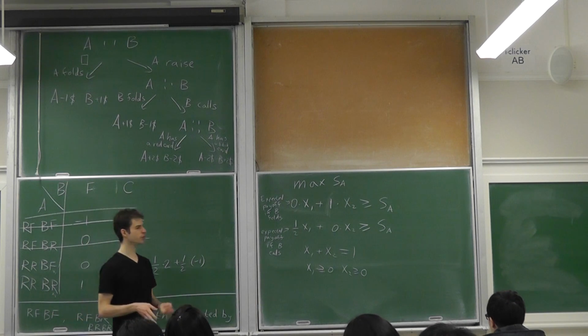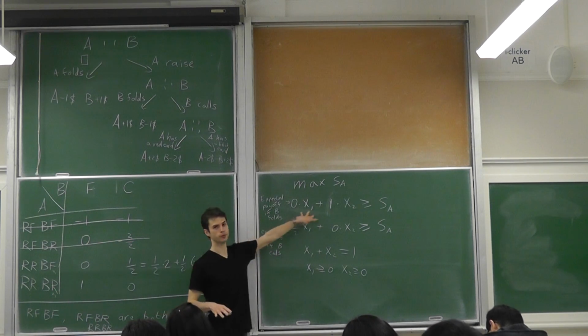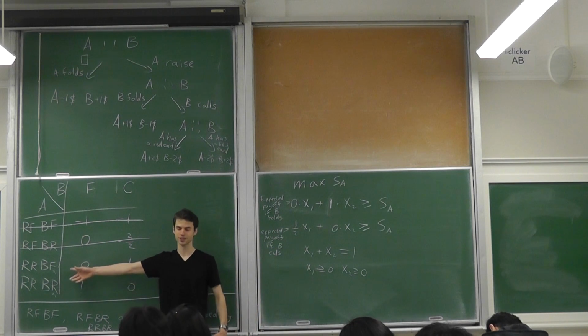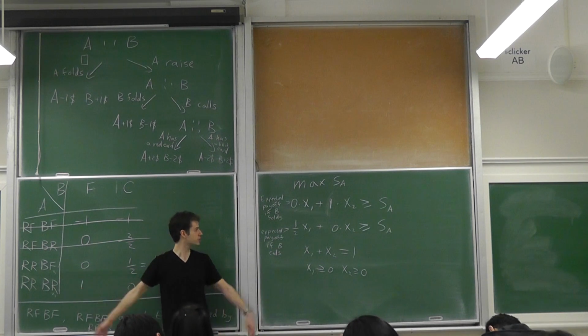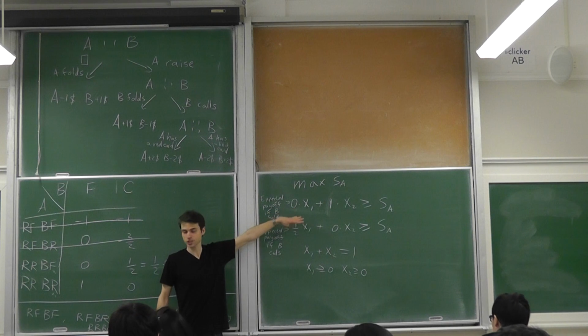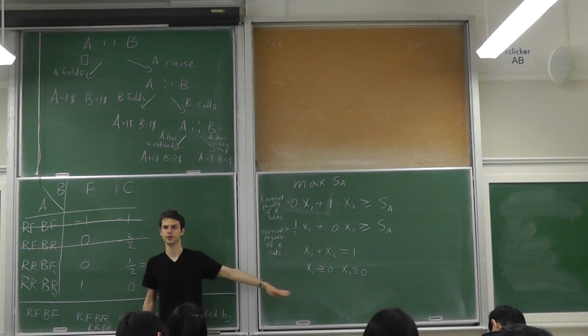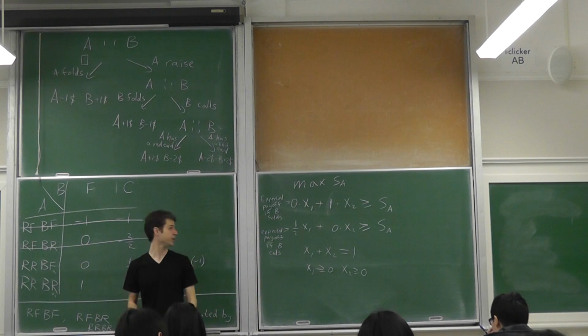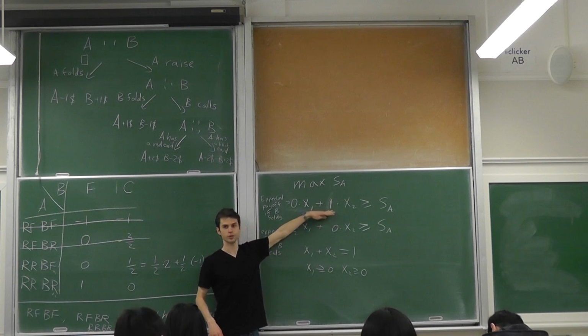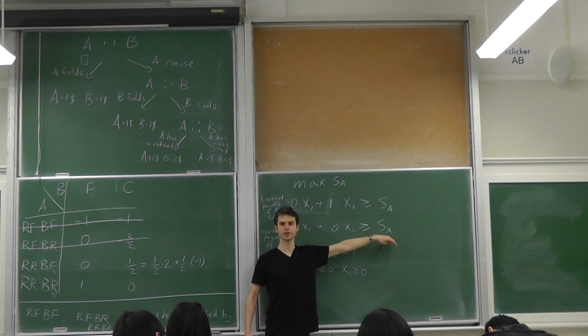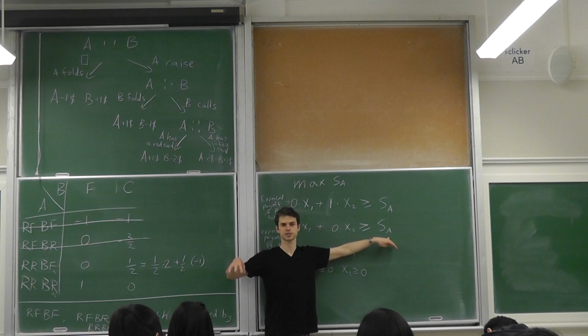And then we know that if we want to find the best assignment of probabilities to these two strategies, we just have to solve this linear programming problem. Make the expected payoff in both cases larger than some number, and try to push this number as high as we can.